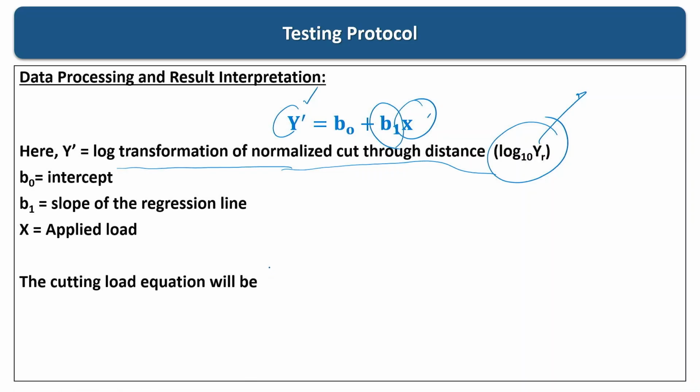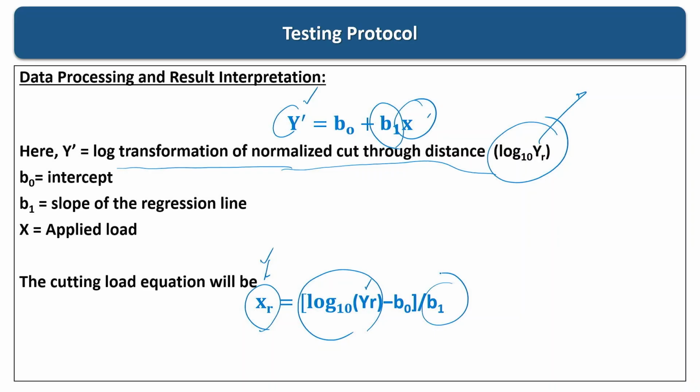So, the cutting load equation, if we just rearrange this equation, will be y dash minus B0 by B1. So, the cutting load is x r, the cutting load which is required to represent the cut performance, which is basically y bar, which is nothing but log 10 y r, the normalized cut through distance, minus the intercept divided by the slope of the regression line.